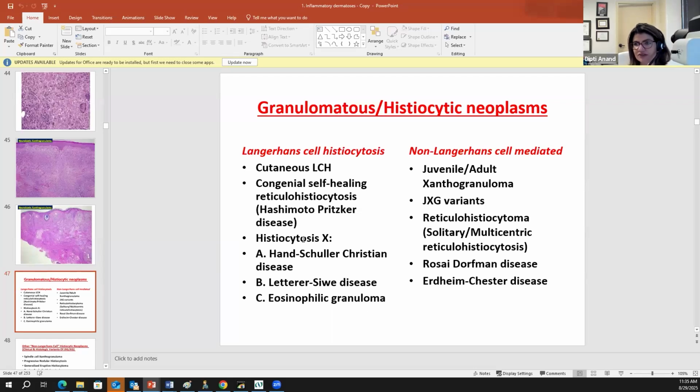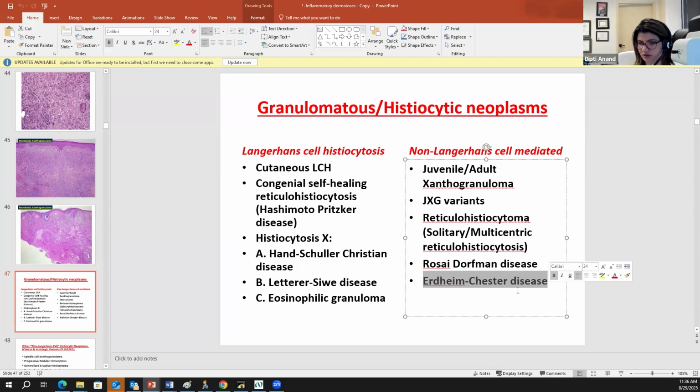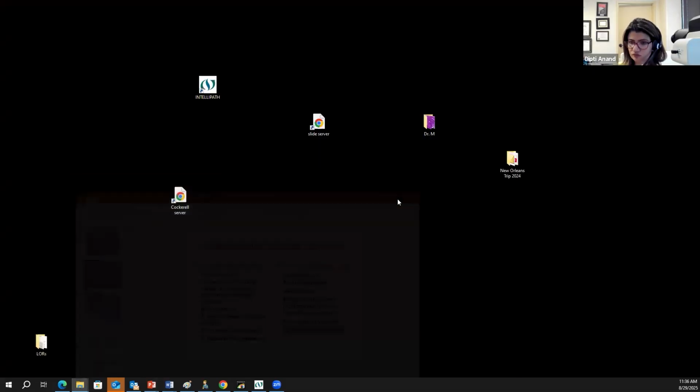All of them will have the same cells, which are Langerhans cells, and they will look the same. Then you have the non-Langerhans cell mediated, under which come the JXG variants, reticulohistiocytoma, Rosai-Dorfman disease, and then Erdheim-Chester disease, which is extremely rare in the skin. It is included in that category, but we're not really going to talk about it because it's extremely rare.